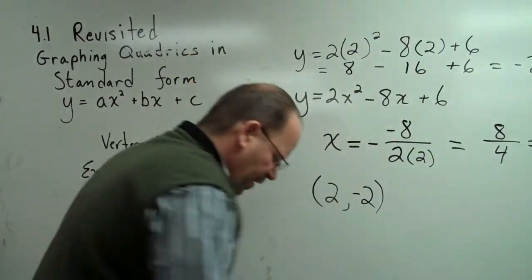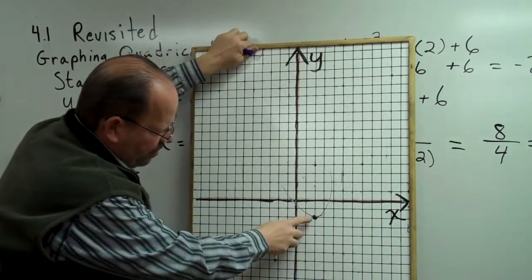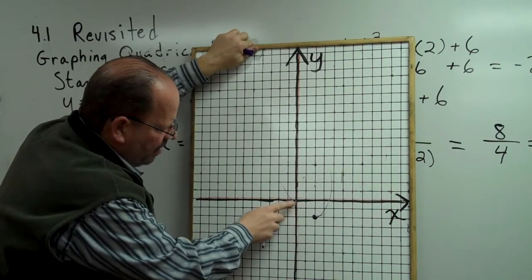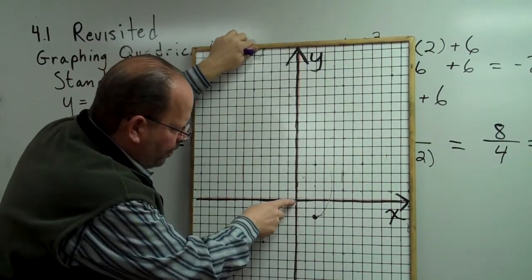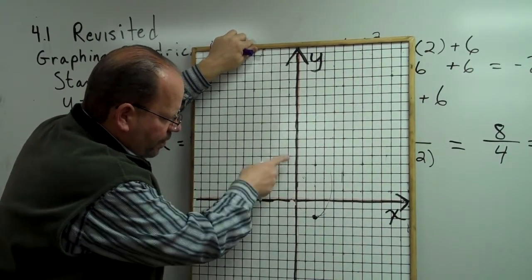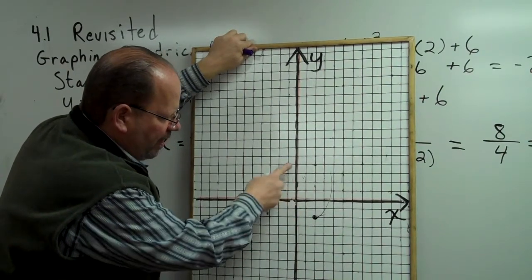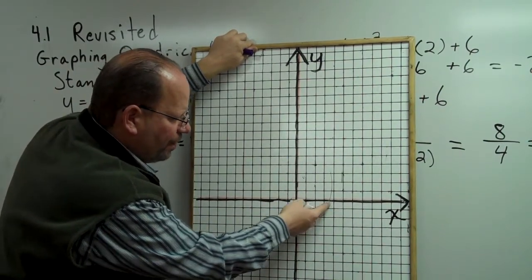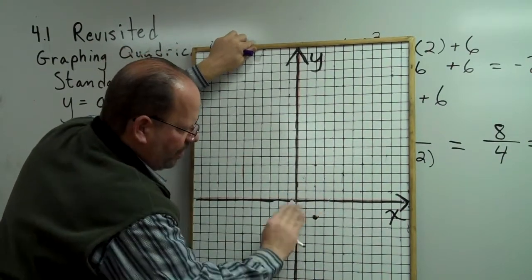Now we simply find 2 more points, and the easiest way to do that is to pick easy numbers, because we're going to plug them into the equation. So if we plug in for x equals 0 and for x equals 1, we'll get 2 points here, and we'll get 2 more on this side because a parabola is symmetric.